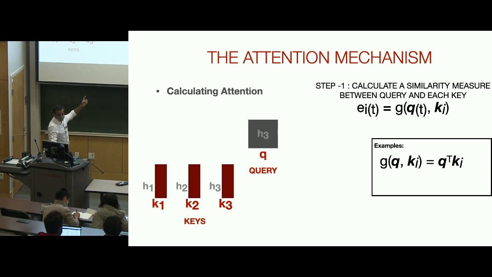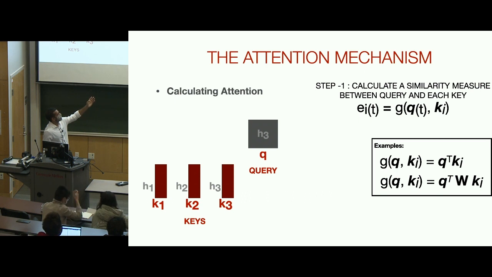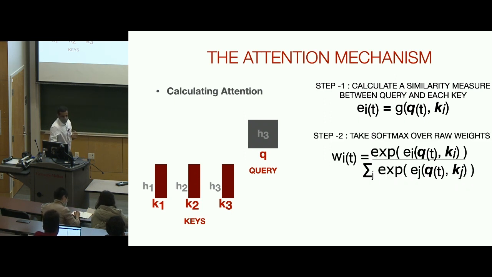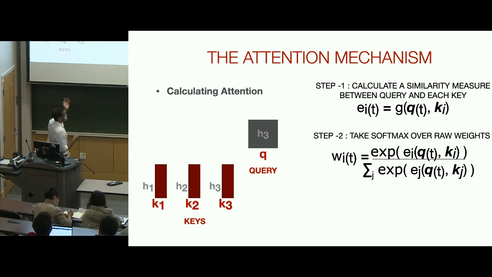To calculate attention, we take the similarity measure of the query with each of the keys, and that similarity measure could be a simple dot product or a dot product with a linear transformation, where the matrix W contains learnable parameters. That's how you add learnable parameters to your attention. What the similarity measure gives you is a way to assign importance to each of the keys.